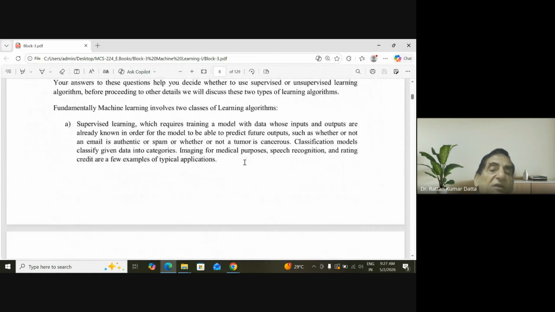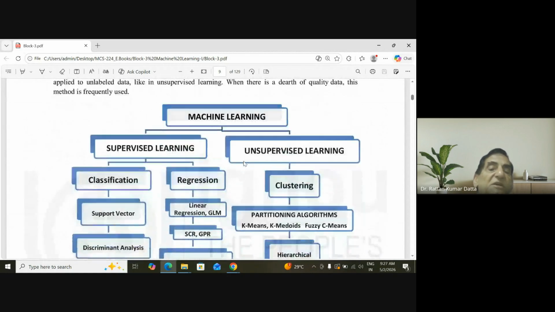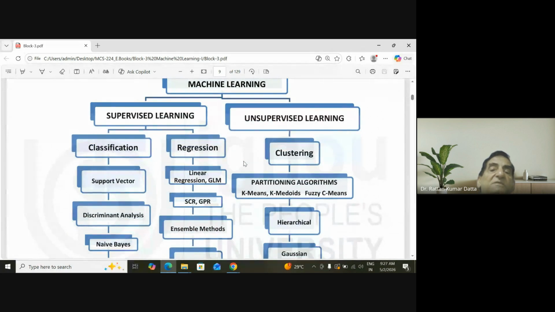So you see the machine learning processes, supervised or unsupervised. There are two types of model learning: supervised learning and unsupervised learning.